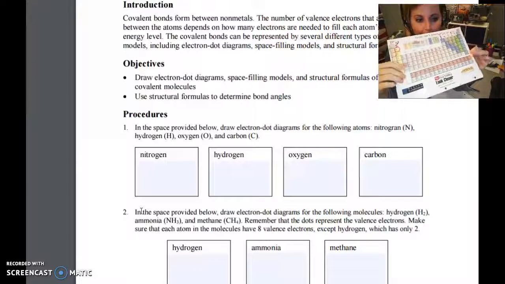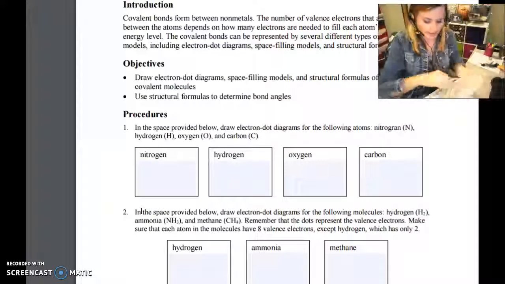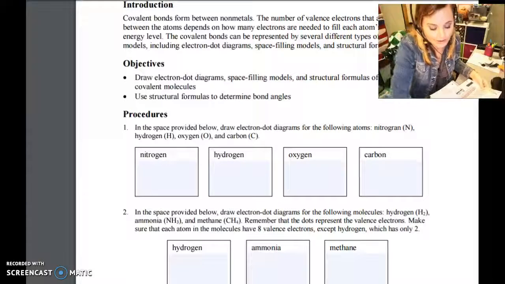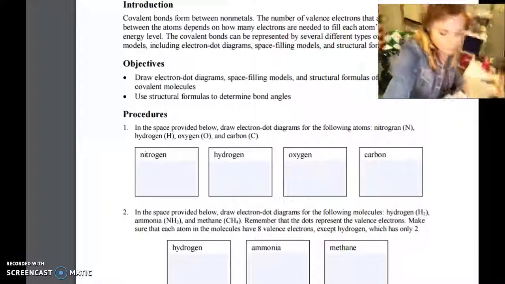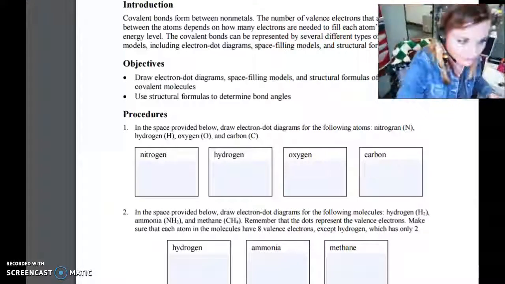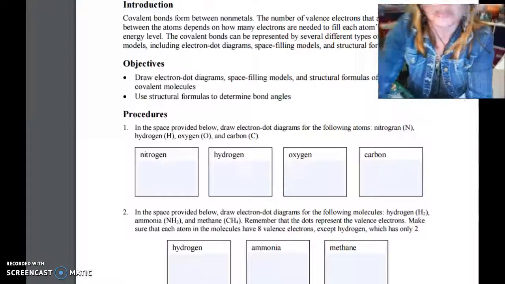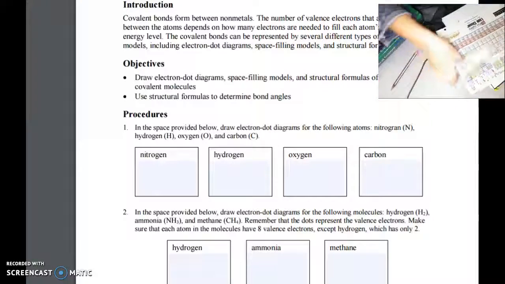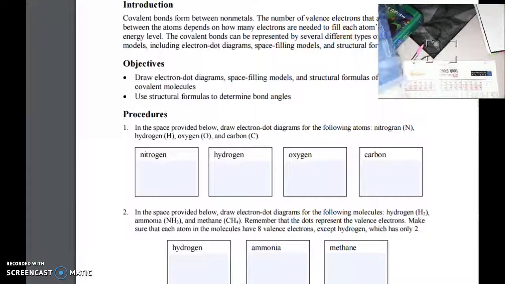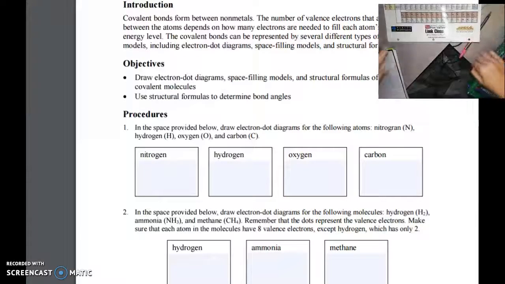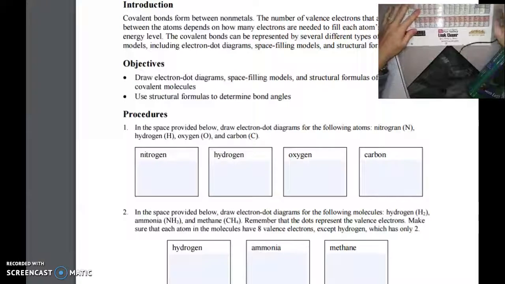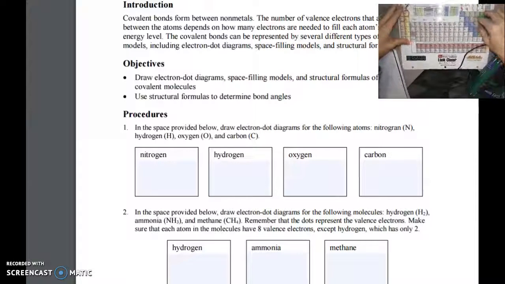So if you don't have a physical periodic table yet, I would highly, highly recommend that you get one. There's many places you can print them out online for pretty much nothing, just the cost of a little bit of ink and some paper, I guess.